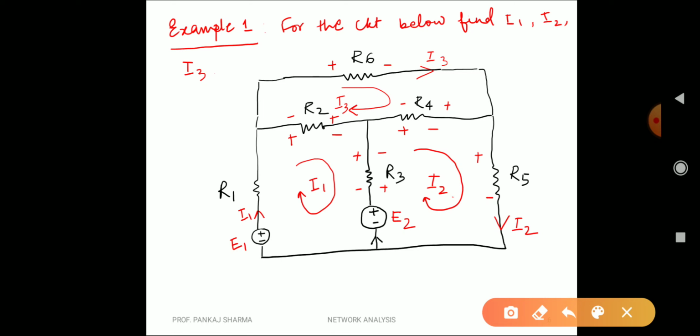Now let us come to mesh number 1, where the current I1 is circulating. As the direction is given to you, it is clockwise. Wherever there is entry of current, it is plus sign. When it is leaving, it is minus sign.